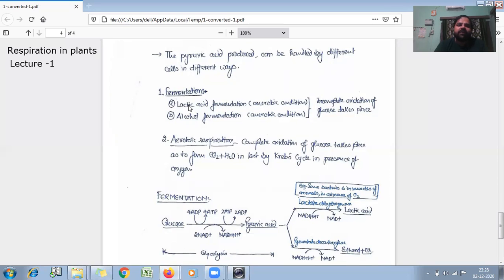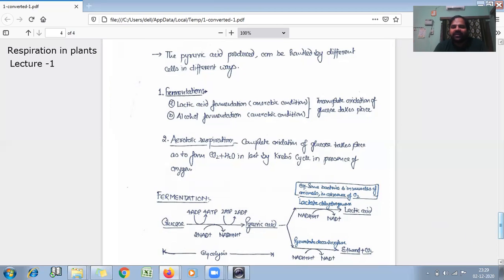One fermentation process is lactic acid formation, in which the pyruvic acid will finally be converted into lactic acid by the process of anaerobic respiration, and in some organisms this pyruvic acid will be converted into alcohol, and again this is an anaerobic condition. We can see here that pyruvic acid has not been completely oxidized, means the end product is either lactic acid or alcohol. It means incomplete oxidation takes place in case of the fermentation process.